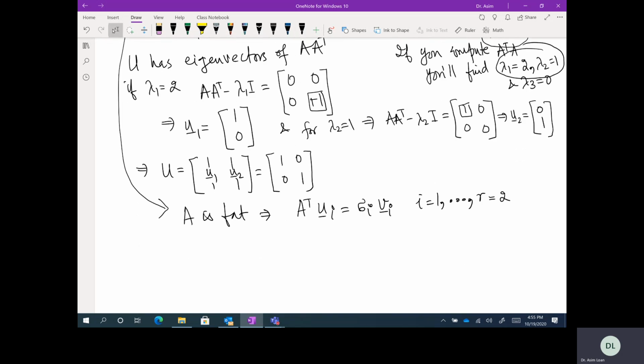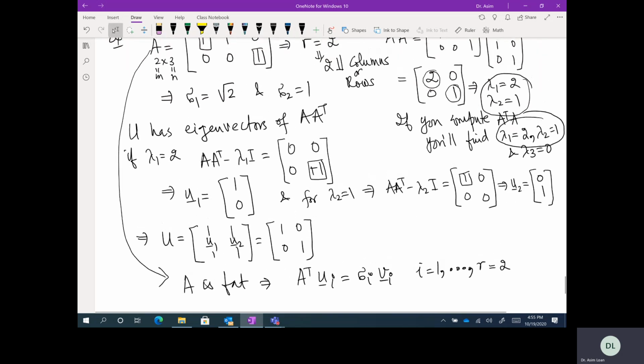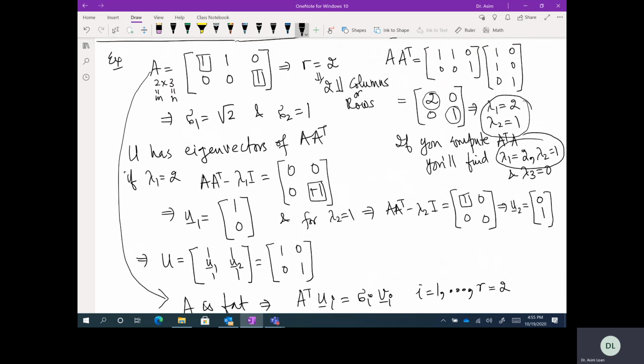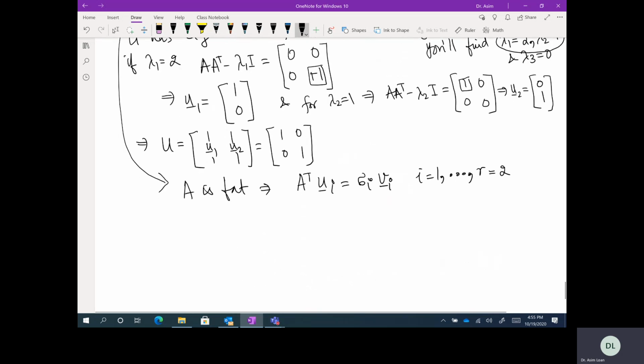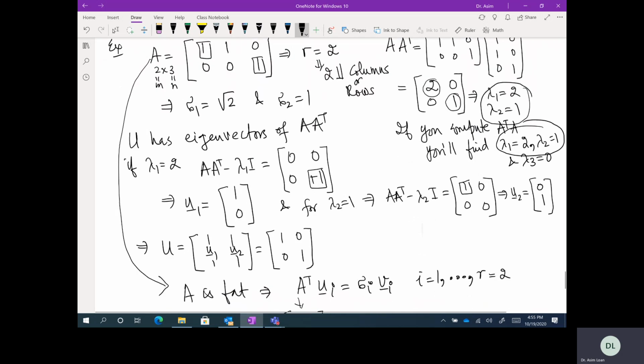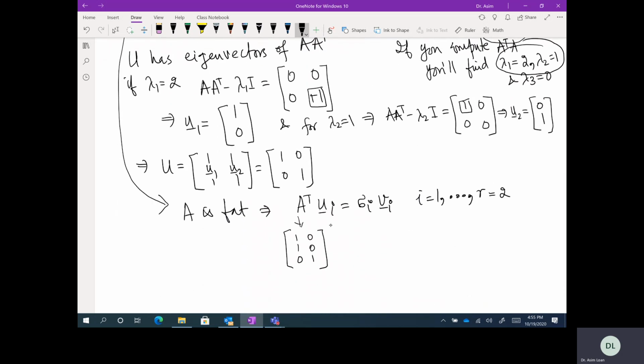Okay, so let's do that. So A transpose is this one, 1, 1, 0, 0, 0, 1. And U1 is 1, 0, which means I'm picking the first column. 0, 1 means I pick the second column.